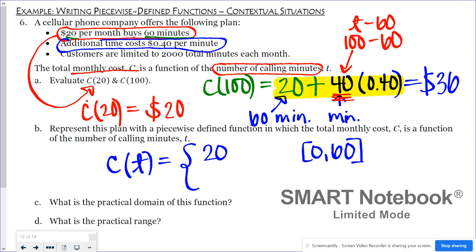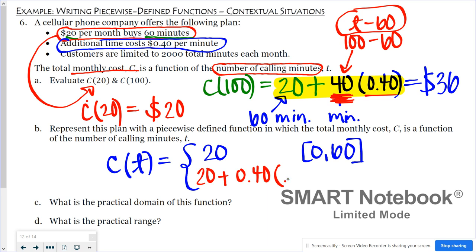So basically we have the $20 for the first 60 minutes, plus 40 cents for each additional minute. And we can represent those additional minutes using this expression here, t minus 60, because that's how we got the 40. We went 100 minus 60 is 40.